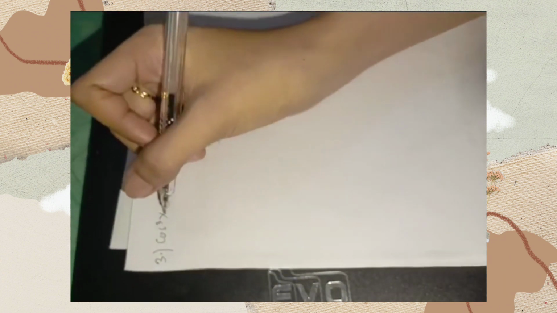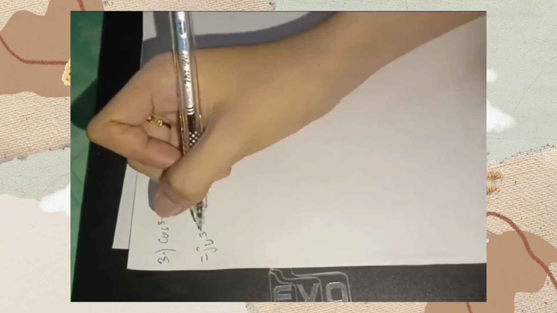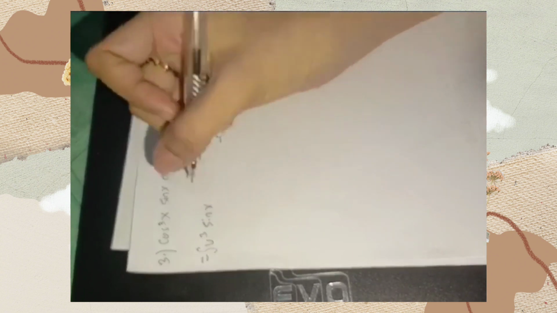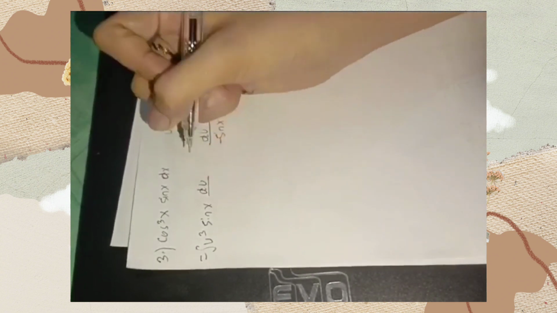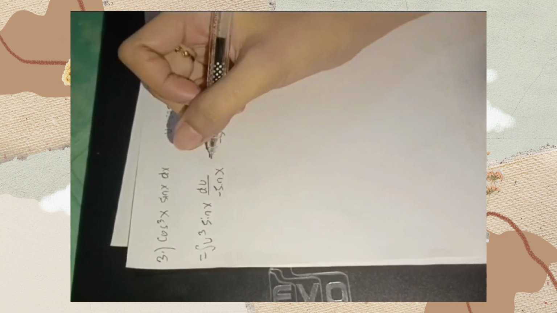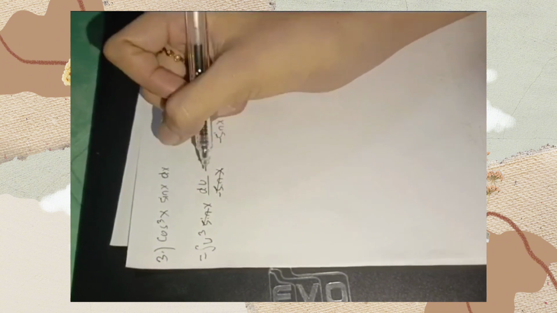So, replace cosine x with u. It is equal to the integral of u cubed sine x, and the value of dx, which is du, all over negative sine x. Okay, cancel sine x, sine x.